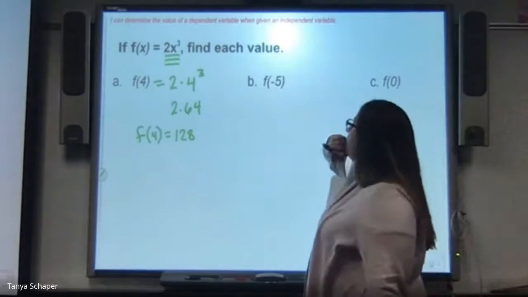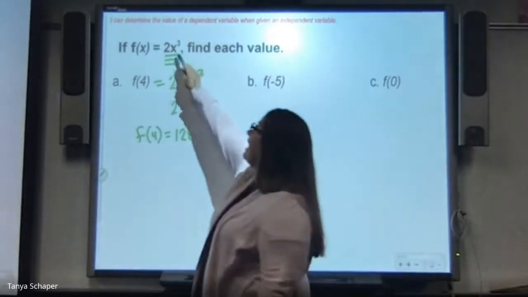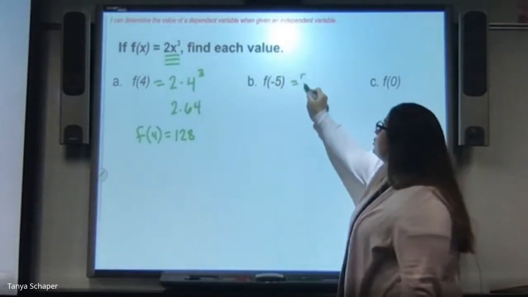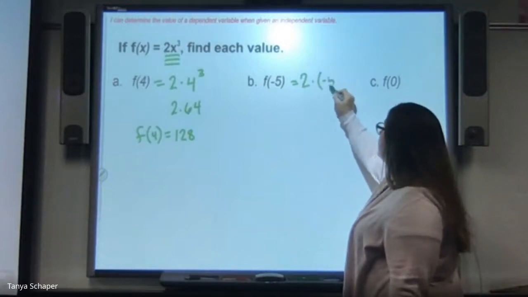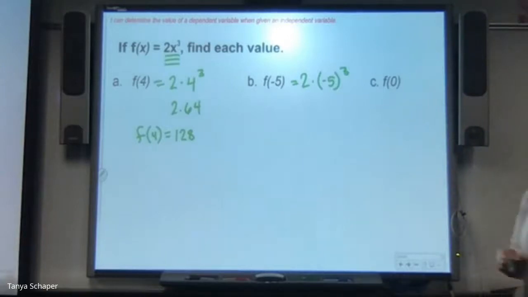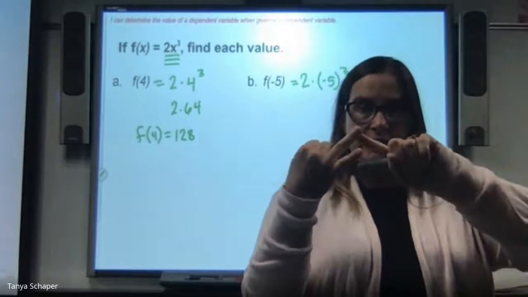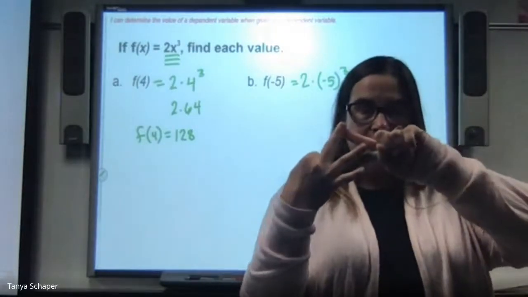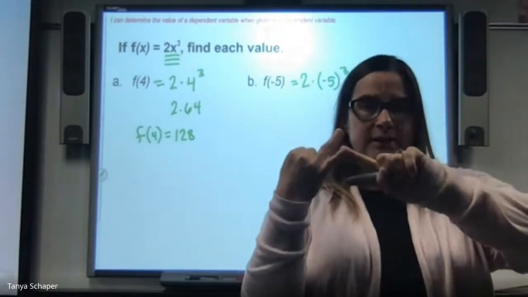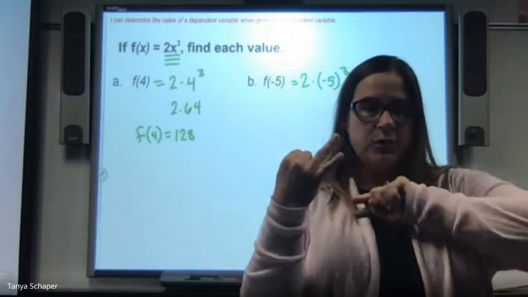All right, looking at letter B, find the value of the function when x is -5. So it's going to look like 2 times the quantity -5 cubed. -5 cubed, we're going to do the exponent first. -5 times -5 times -5. So -5 times -5 is positive 25. Negative times negative is positive. 5 times 5 is 25.